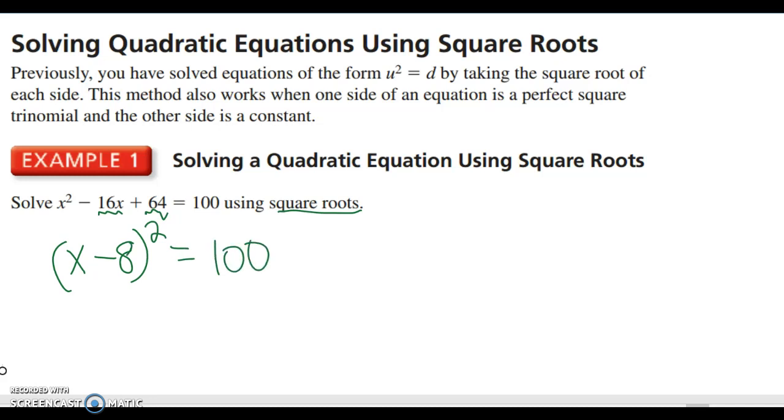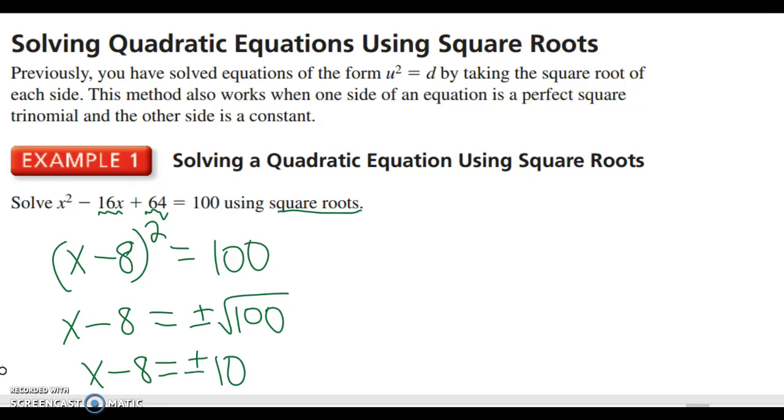Now, this looks like something we've seen before. We take the square root of both sides. What do I put in front? Yeah, plus or minus square root of 100. And what's the square root of 100? Yeah, so we're going to get plus or minus 10. Then we have to add 8 to both sides.